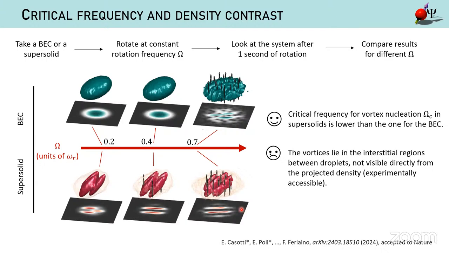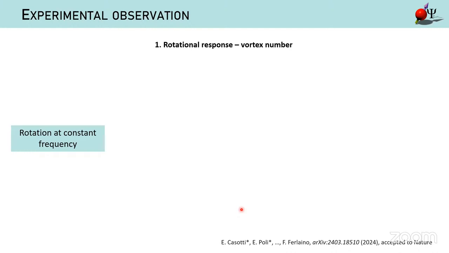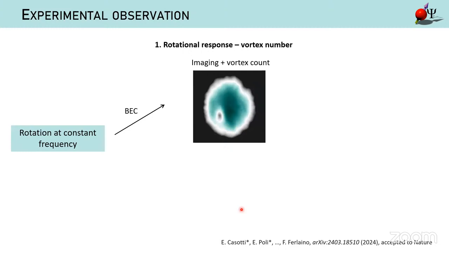So what we did is we took our initial state and rotated at constant frequency. If the system is in the BEC phase, so it's not modulated, not supersolid, we just image our system and count the number of holes that we see, and these holes correspond to the number of vortices that we want to detect.